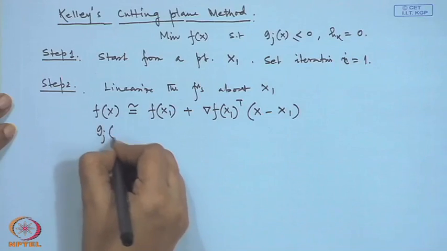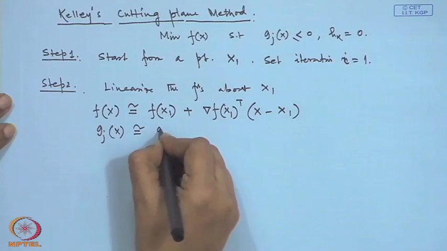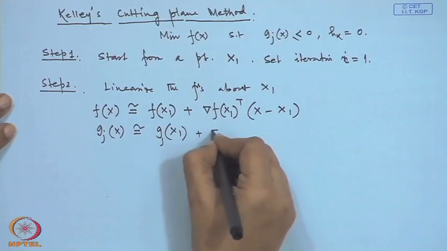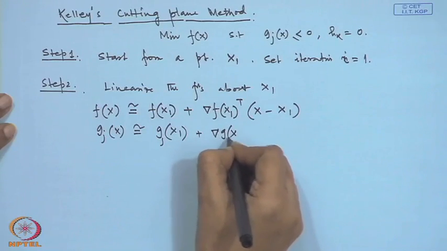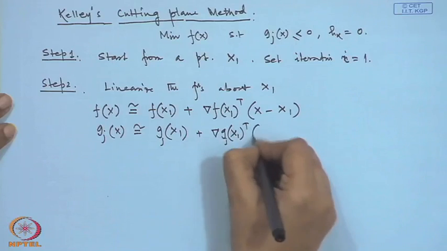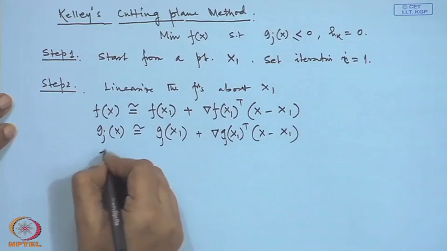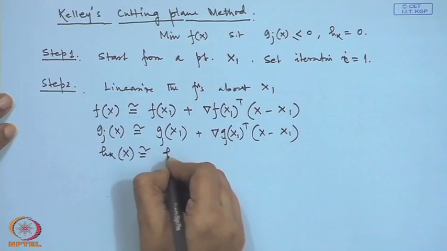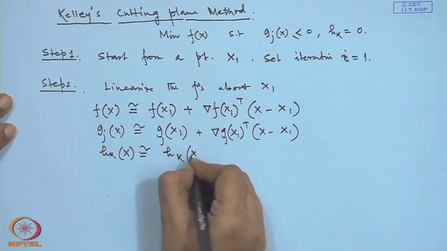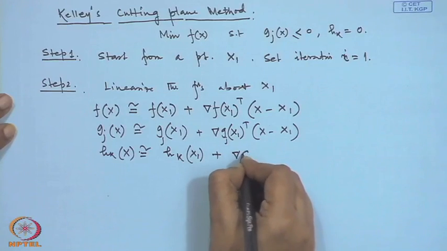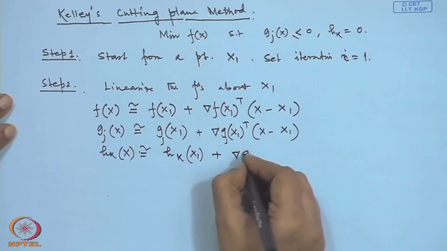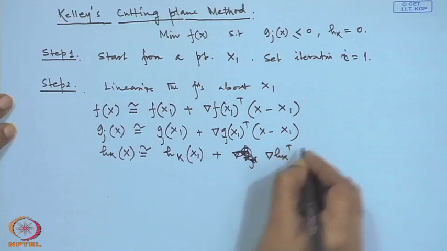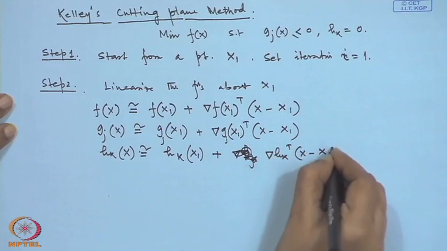Similarly, we can write g_j(x) is approximately equal to g_j(x1) plus grad of g_j(x1) transpose (x minus x1). Similarly, h_k can be written in the similar manner with the Taylor series approximation. This is h_k, sorry, grad of h_k transpose (x minus x1).